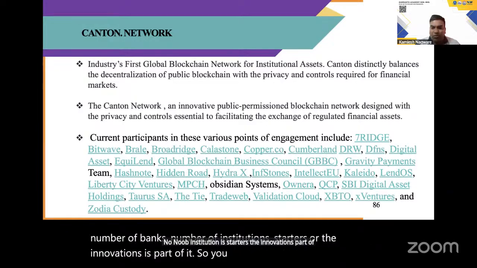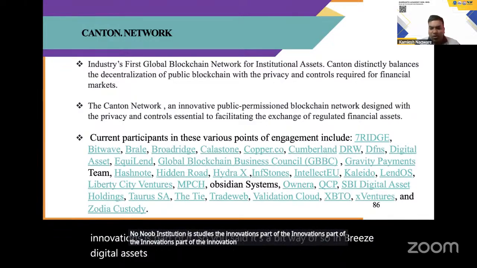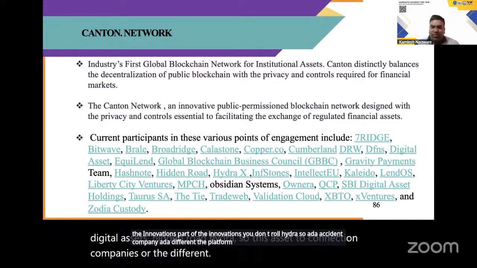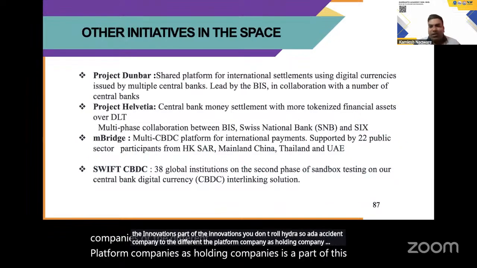Bitwave, 7 Breeze, digital assets, Hidden Road, Hydra: asset tokenization companies and different platform companies are part of this ecosystem, along with a number of investors.